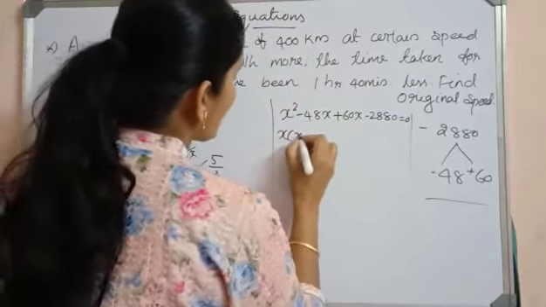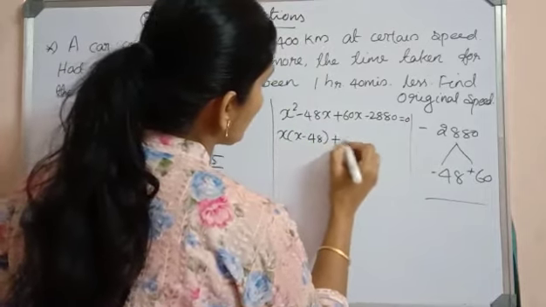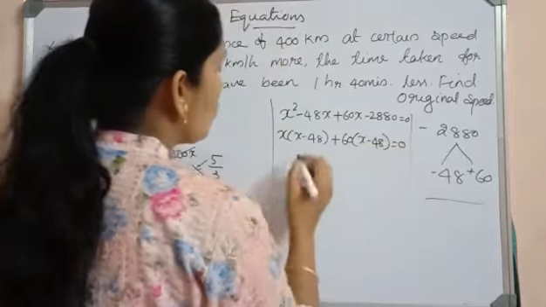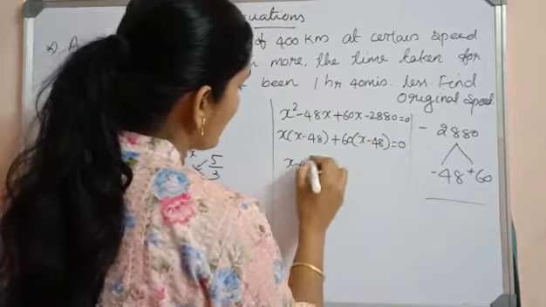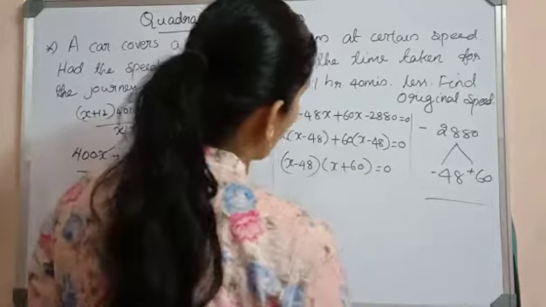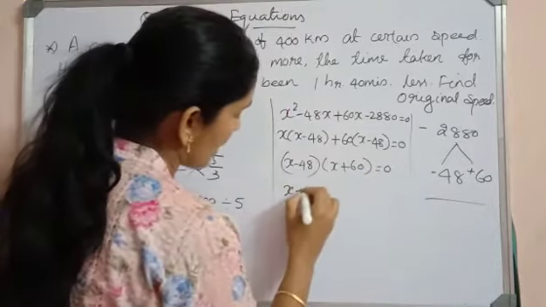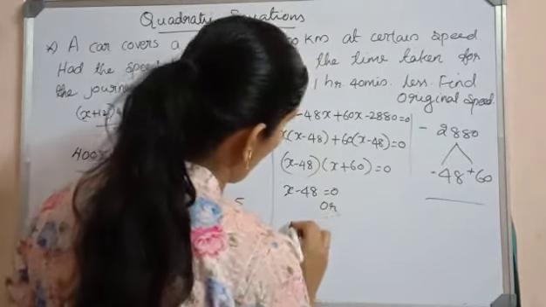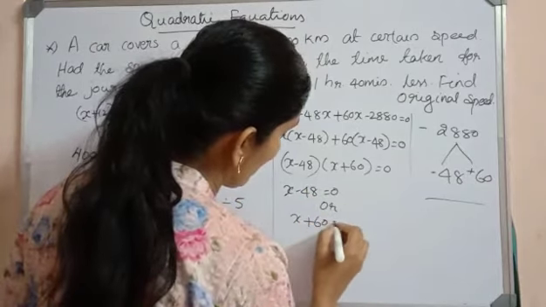So x into x minus 48 plus 60 into x minus 48 is equal to 0. So x minus 48 into x plus 60 is equal to 0. Now by zero product rule, x minus 48 is equal to 0 or x plus 60 is equal to 0.